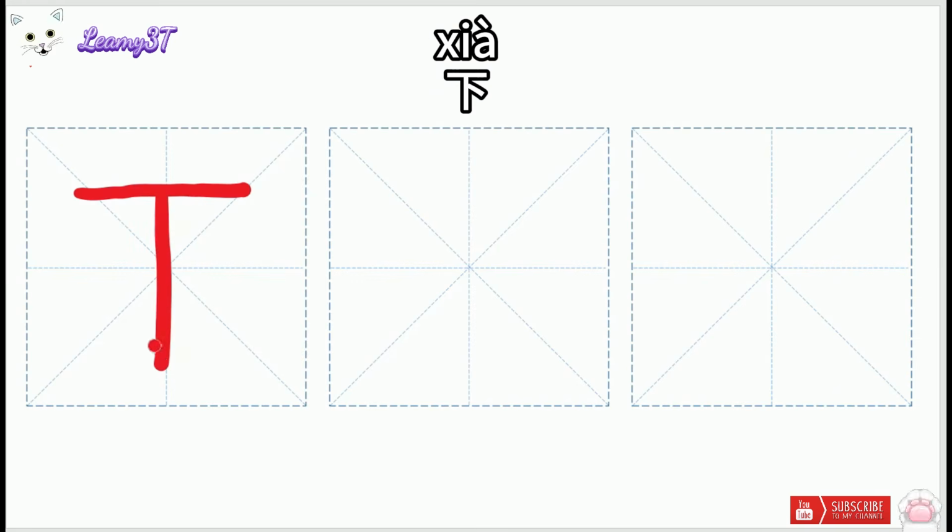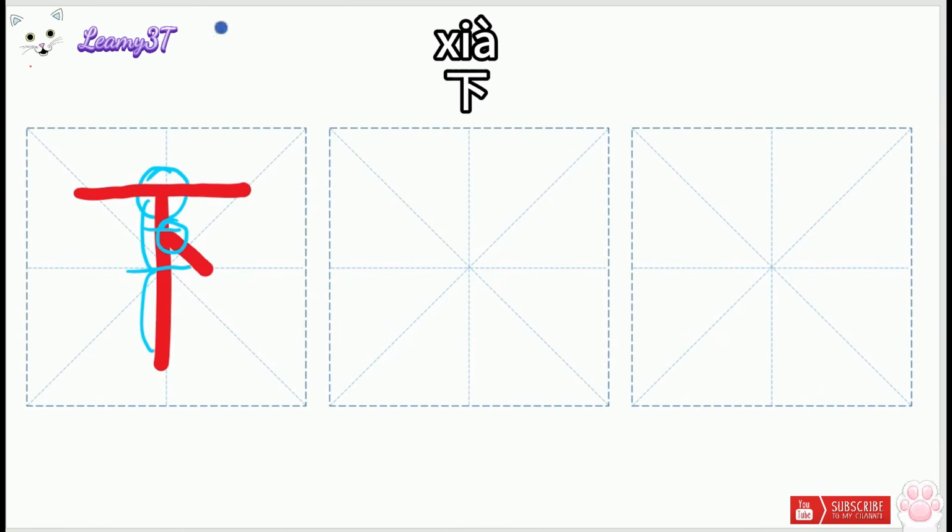Make sure shù is centered below héng. The last stroke is diǎn. Connect it with shù, a little bit above the middle of the shù. So now let's try it together.